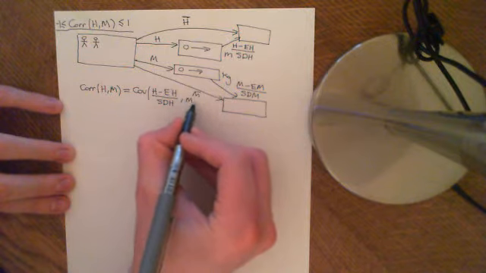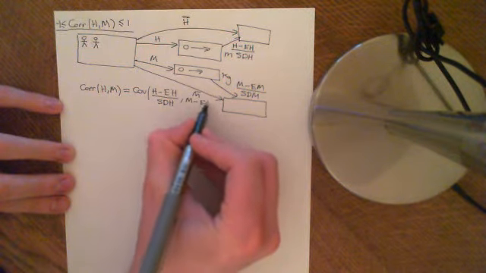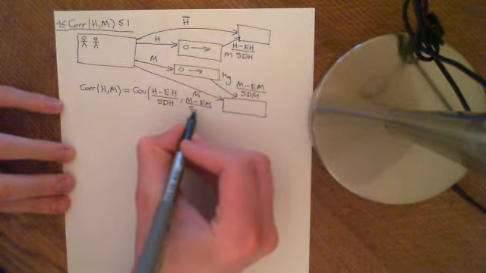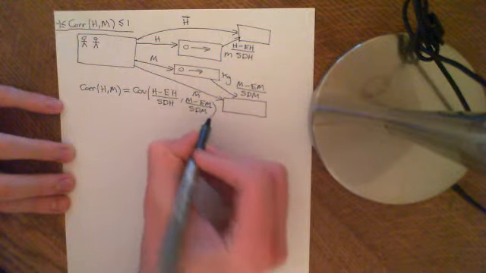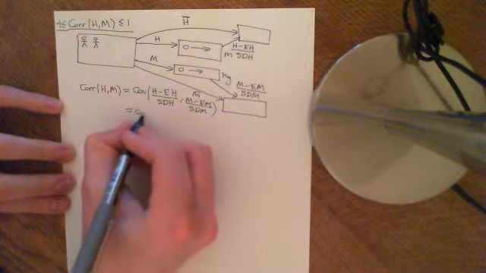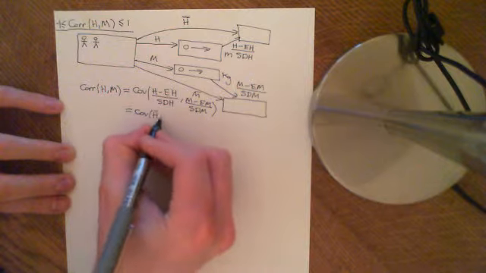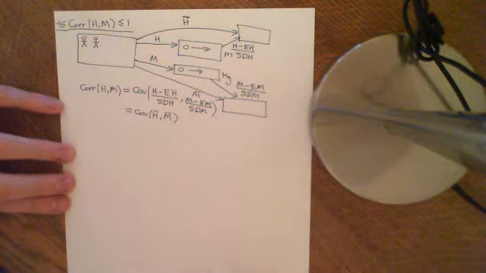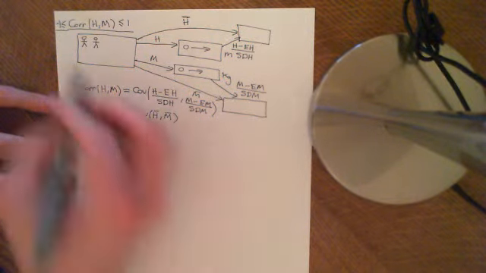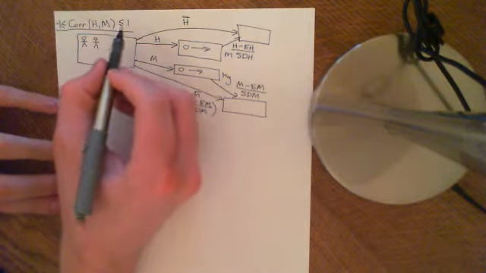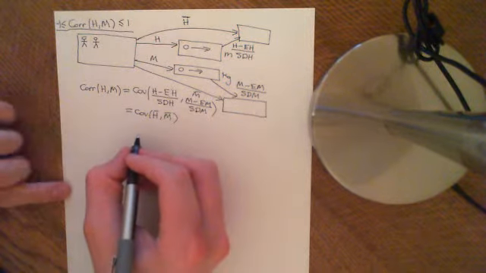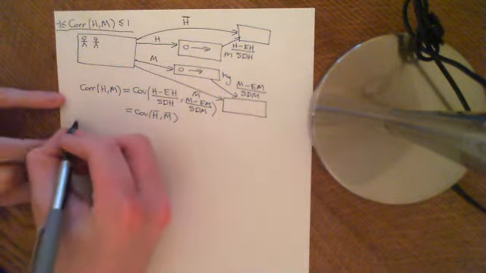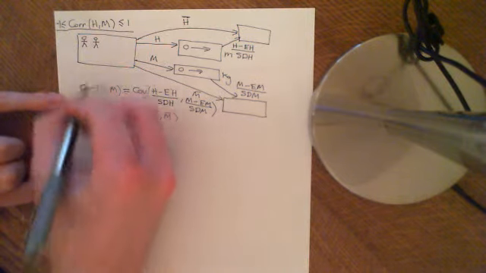So we're taking the covariance of these two standardized random variables, which we could write as the covariance of h bar with m bar. And we want to see why this covariance is always going to be within -1 and 1, basically.